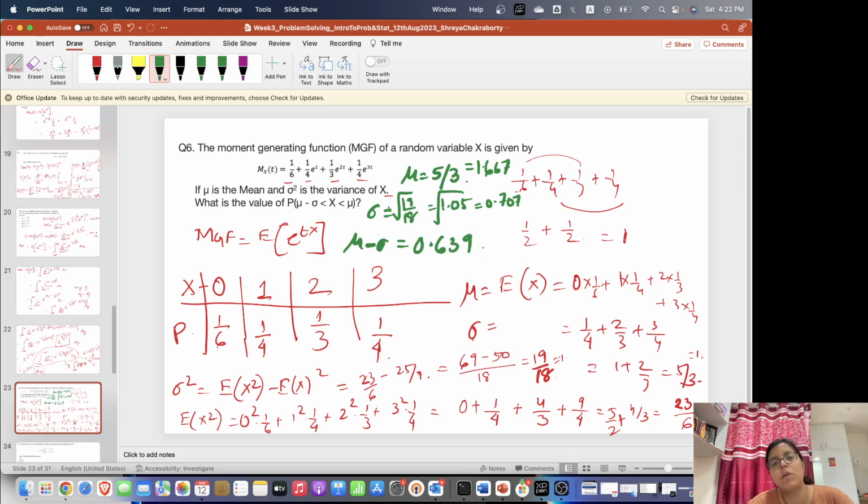Okay, so we have mu plus sigma and mu minus sigma values over here.